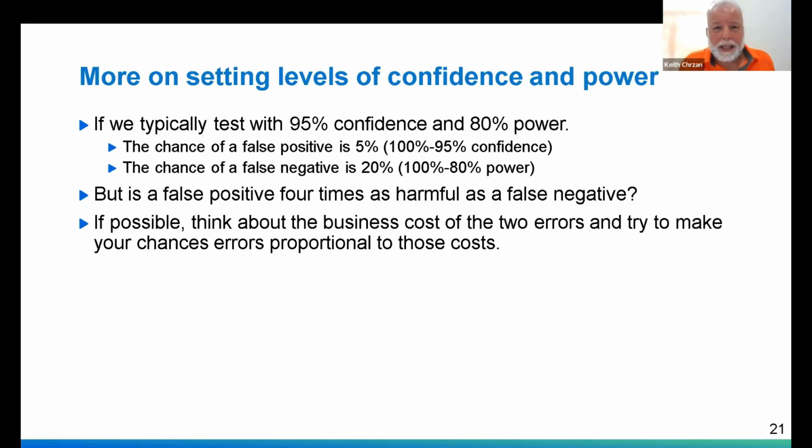In stats class, it was a professor teaching, and there's an academic bias about not making false claims. And so there's a hesitancy to make false claims, and so they make the confidence level really high, like 95%. But my advice is, if it's possible, think about the business cost of the two errors and try to make your chances of error proportional to those costs.